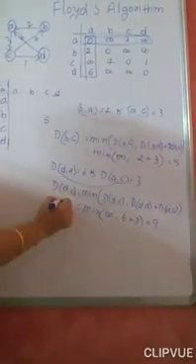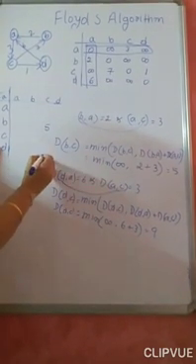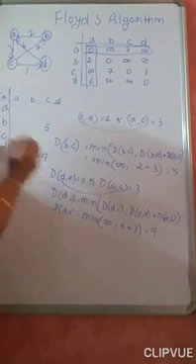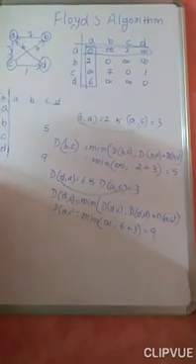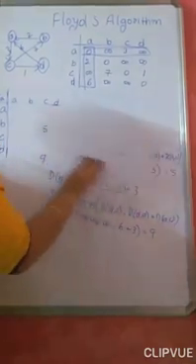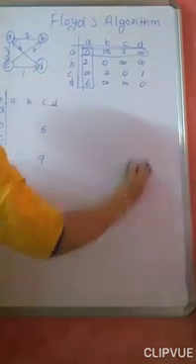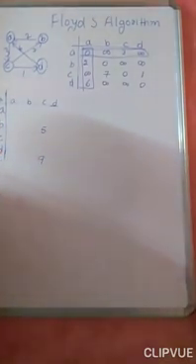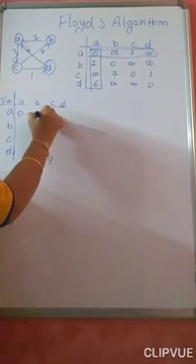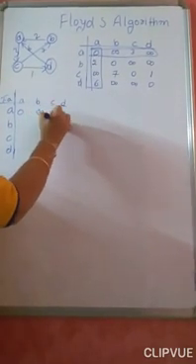So the distance from D to C has to be updated. It is 9. Any other to update? No. Therefore this is over. This is through A. These are the changes we got. Rest all the elements you write as it is.